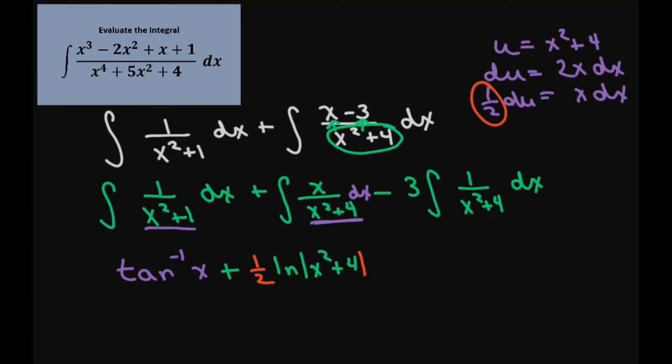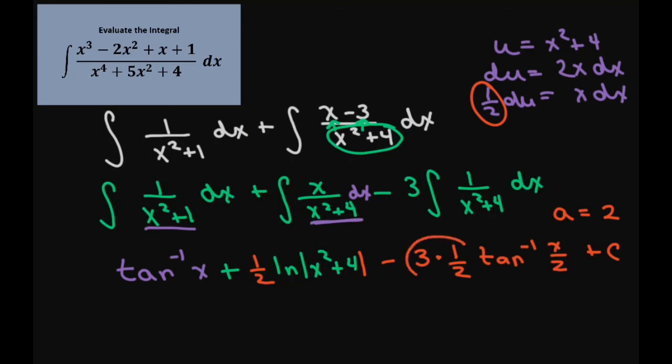All right, and then for this piece, we have minus 3, and this is the formula where a equals 2 for your inverse tan, just like this one. So for that one, you're going to write times 1/2 inverse tan of x divided by 2, because that's your a, and this is plus c.